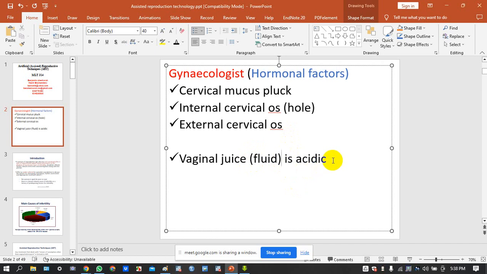Yeah. You are familiar with it, but so it's acidic, because if it's not acidic, a whole lot of organisms will be there and they will cause problems. So we have a lot of lactobacilli there causing acidity. They are commensals.